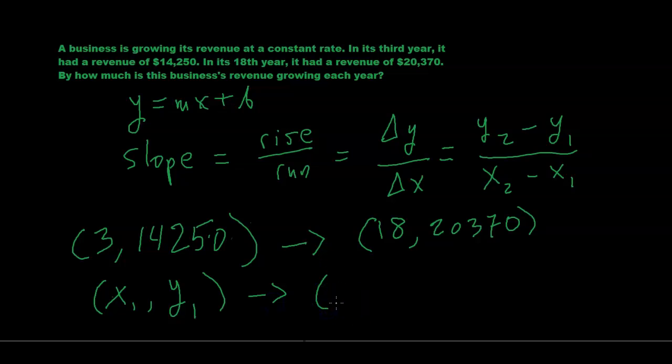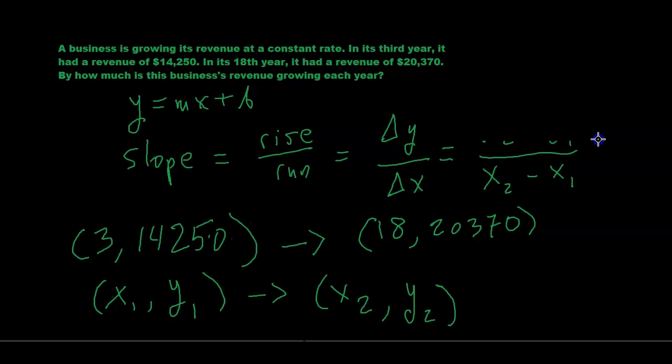The second point is the point with the greater x value, with x2 and y2. So the x coordinate goes from 3 to 18, and the y coordinate goes from 14,250 to 20,370. Both quantities in this case are increasing.